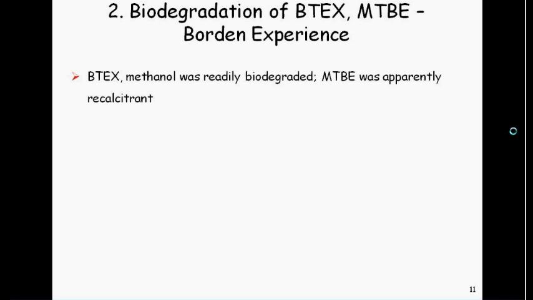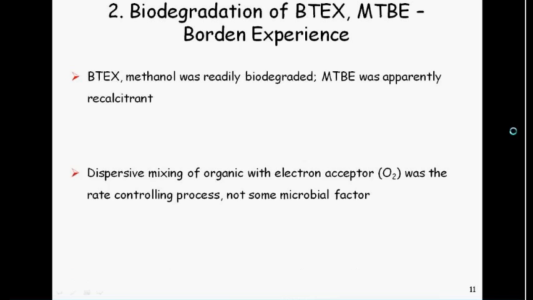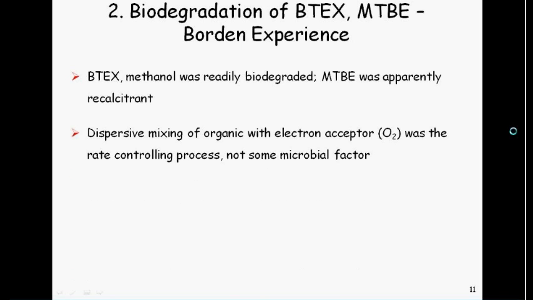So the experience from Borden said that things like BTX and methanol were degradable. MTBE was apparently recalcitrant. That was the observation from Tina Hubbard's work. Dispersion mixing was the key rate controlling step. It wasn't some microbial factor.